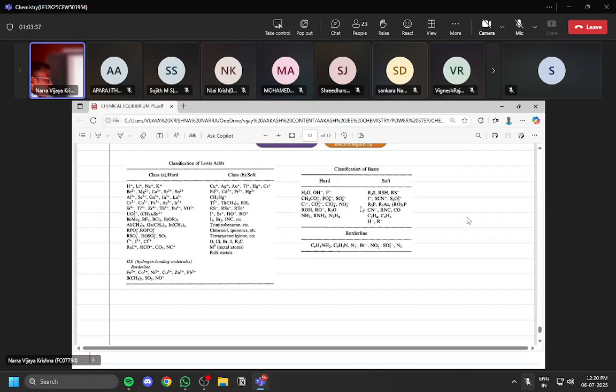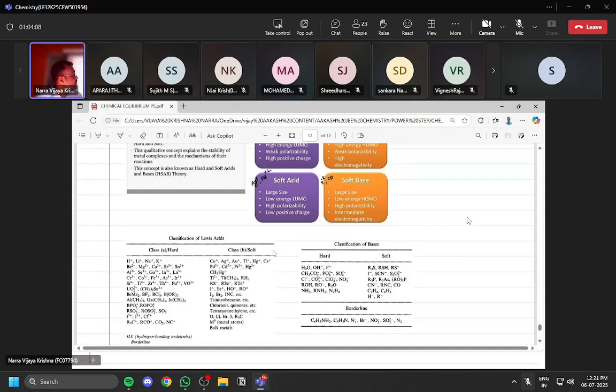All right. Now, in the borderline bases, they all are lone pair electron donors, right? Whether they are strong donors or weak donors. If they are weak donors, if they are not able to donate lone pair of electrons readily, then what about the interaction between central metal and ligand?